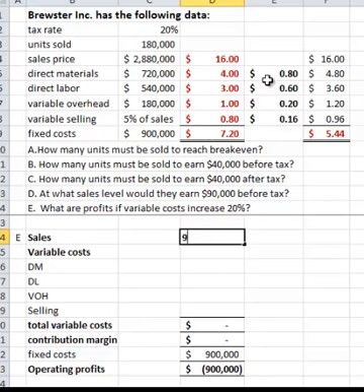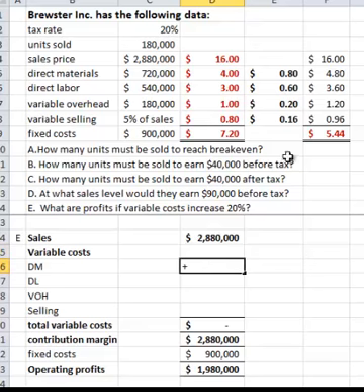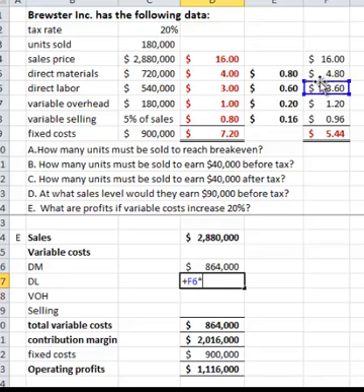Okay, so that didn't work. Try that one again. You gotta love Excel, but you have to hit the keys right. Okay, direct material times units made, labor, the new inflated costs. That's quite a cost increase, isn't it?